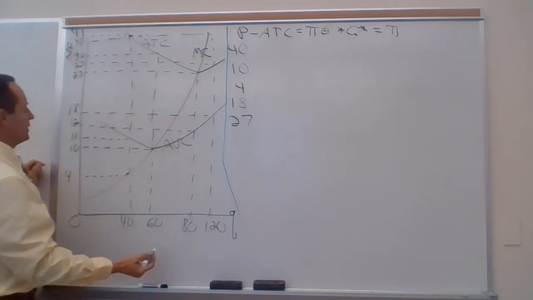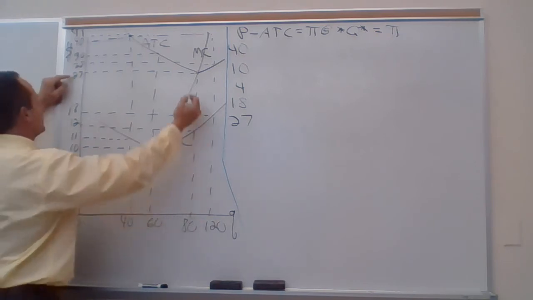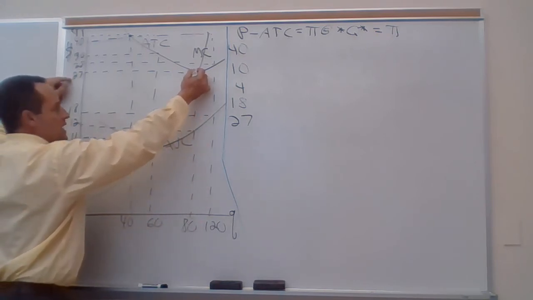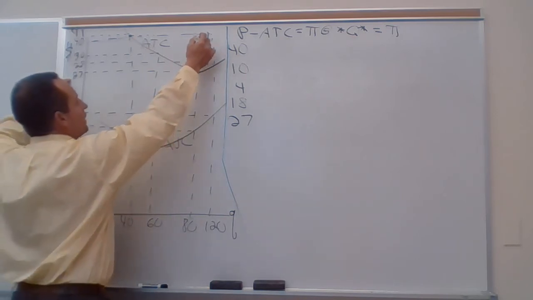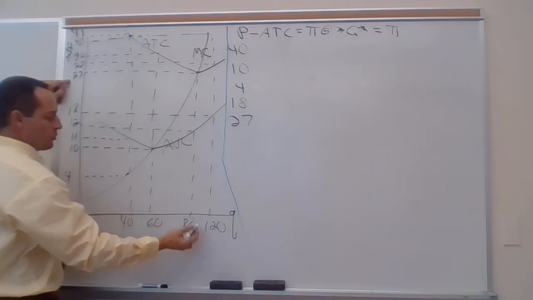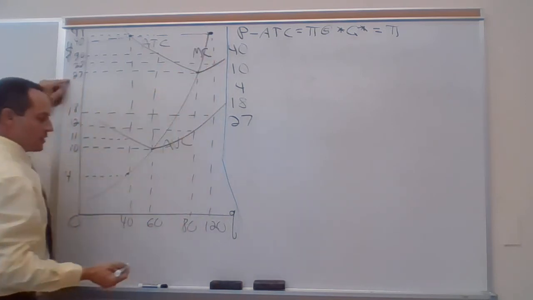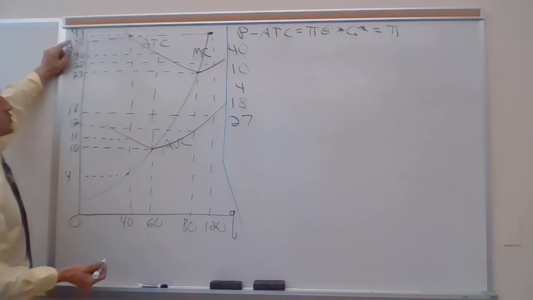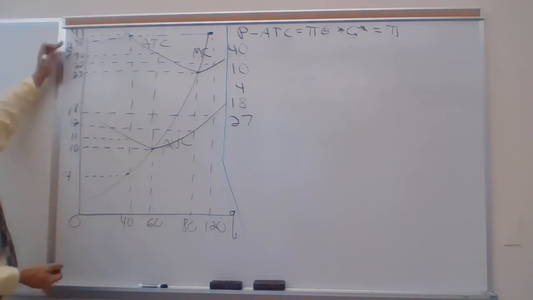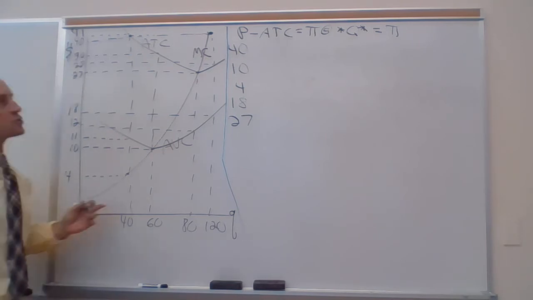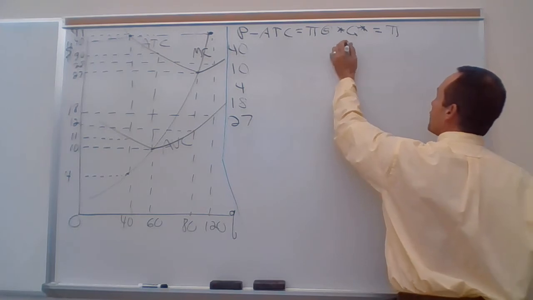At 80, the 80th unit brings $27 in costs. We're getting paid $40. If you look here at 120, the 120th unit costs us $40 more, and we're getting paid $40 more. So if the price is 40, Q star, or the best quantity, is 120.